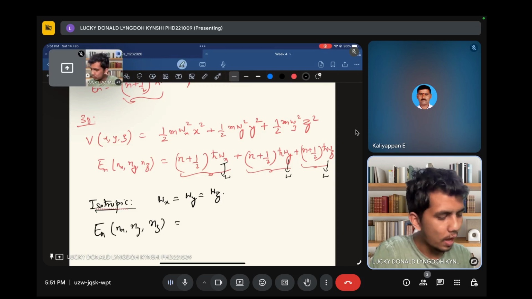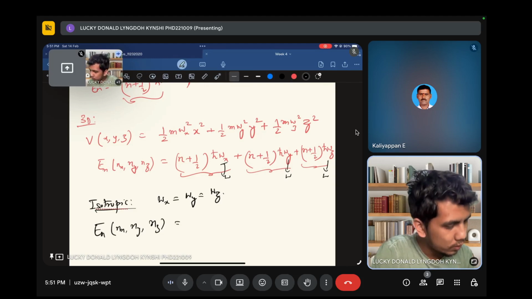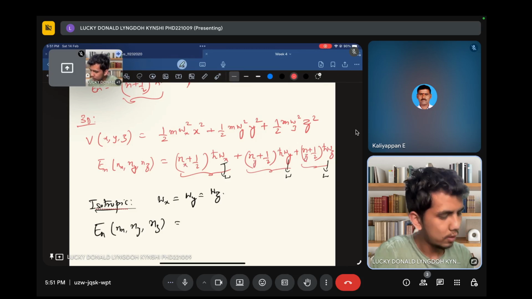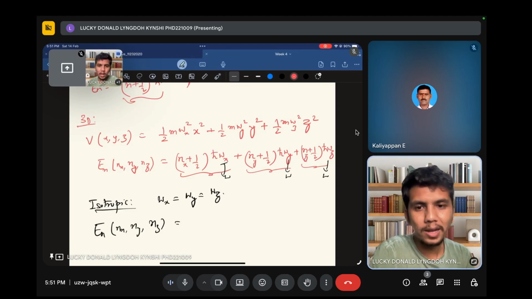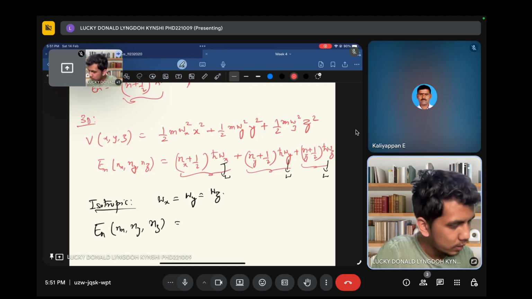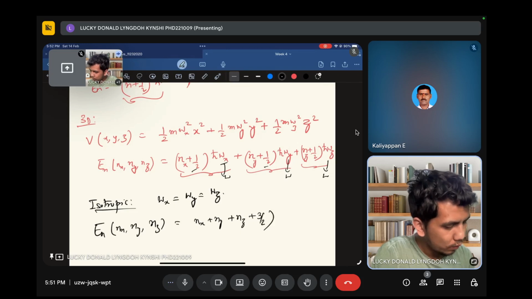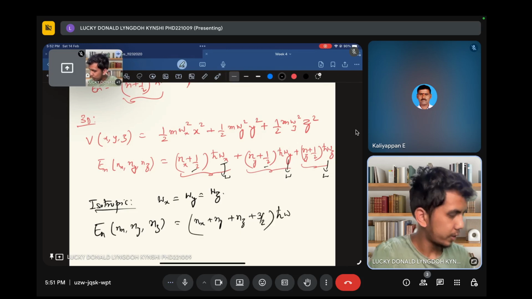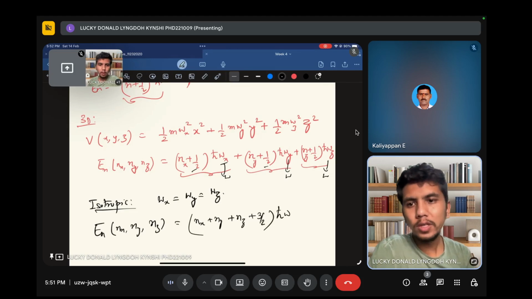Then you can take h cross omega common and add all the terms, because the quantum numbers are nx, ny, and nz. You will get (nx plus ny plus nz plus 3 by 2) h cross omega.